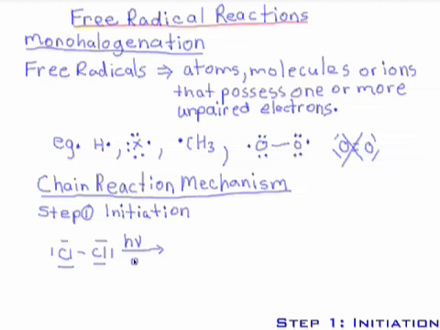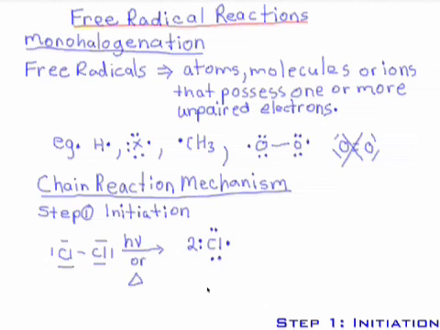Or we could use heat. Applying either light or heat, you can split that single bond homolytically. That is, one electron of the 2 electrons in the bond goes to each atom. And so you get 2 chlorines that have their lone pairs plus a dot. You get 2 chlorine dots.